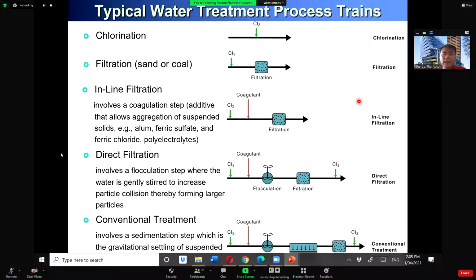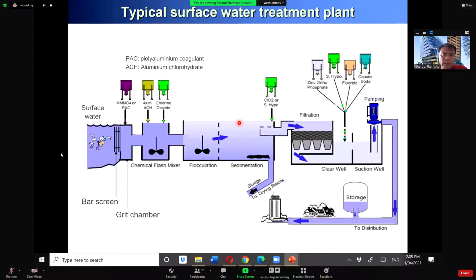And inline filtration includes a coagulant, the chemical that will form floc, which you can just add here without any separate mixing. You can have mixing, but you don't have to have it separate. Say, for example, earlier we had flash and rapid mixing and the coagulation, right?